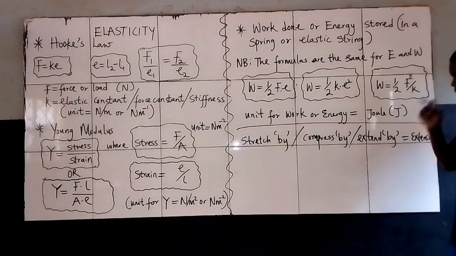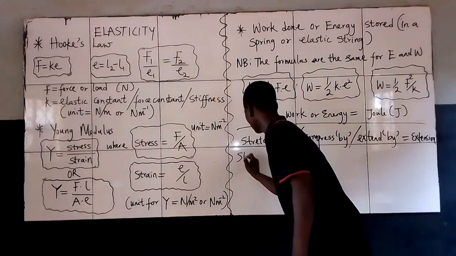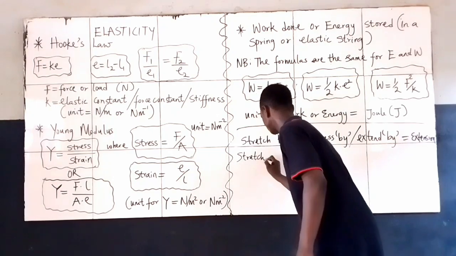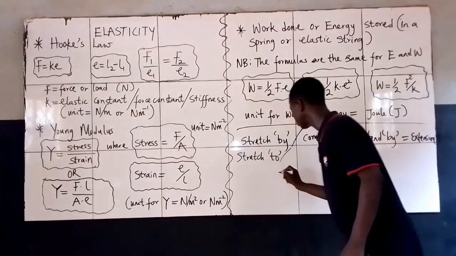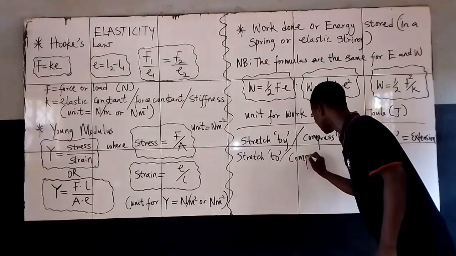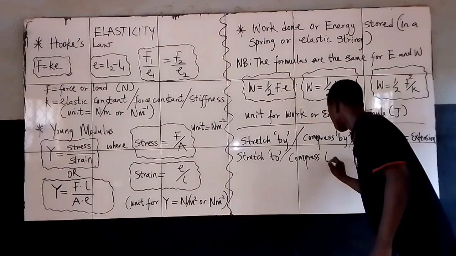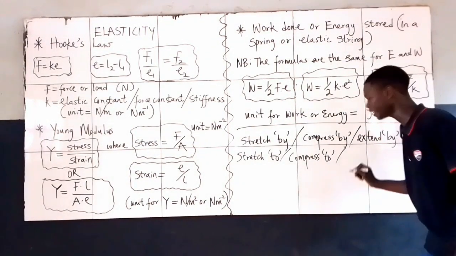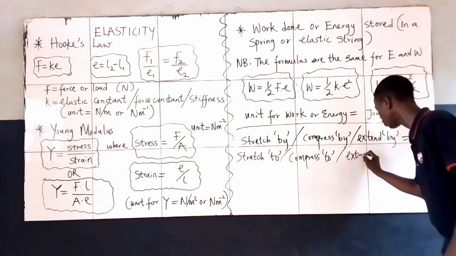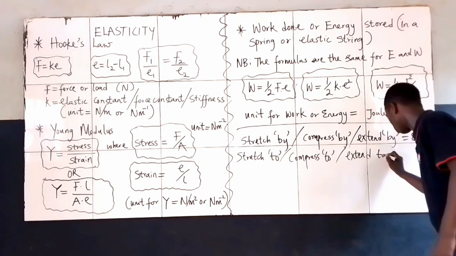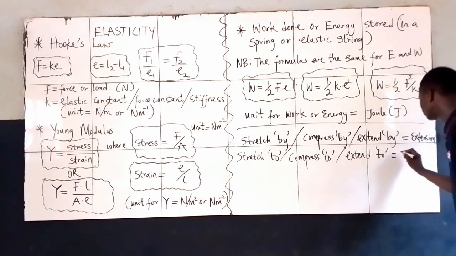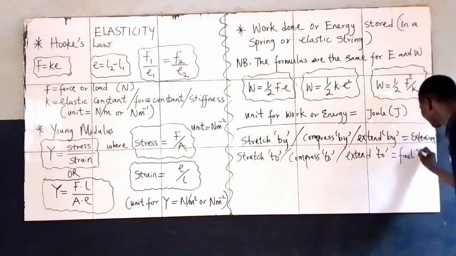The value that follows after any of these is for the what? E, extension. But if you hear something like stretch so, or you hear something like compressed so, or you hear something like extend or extended, anyone so, these are for the final length.